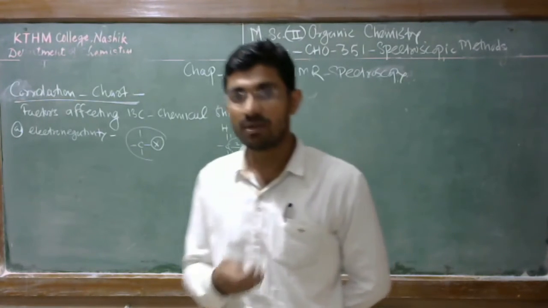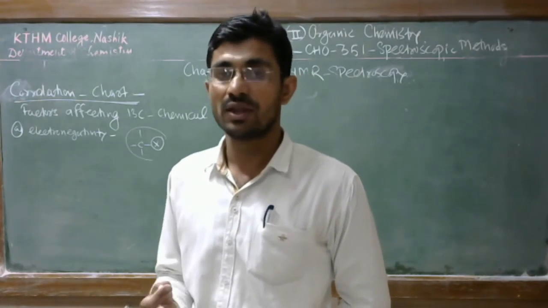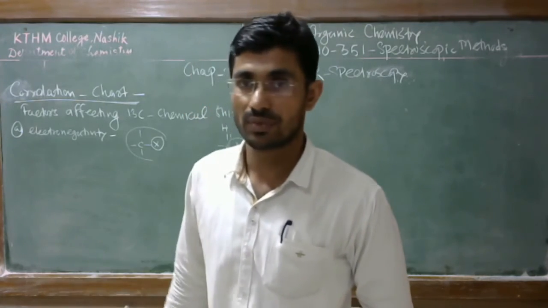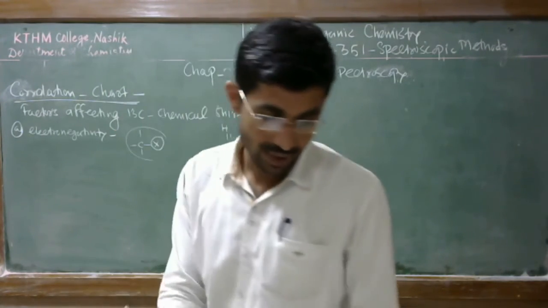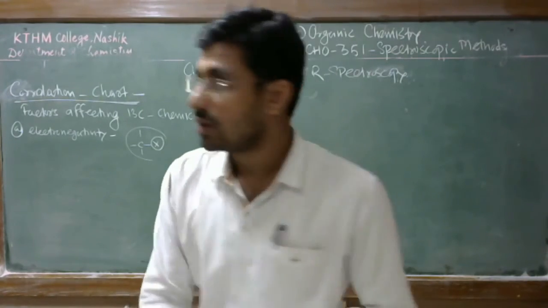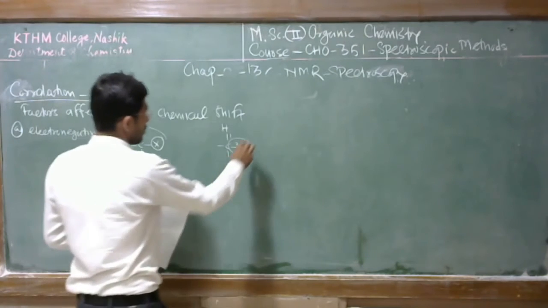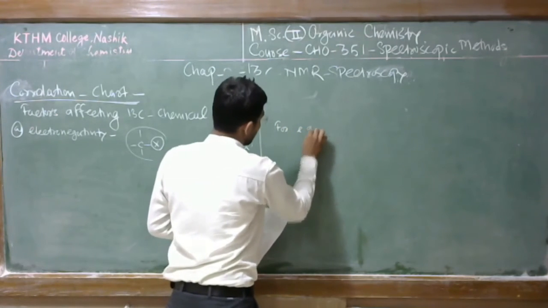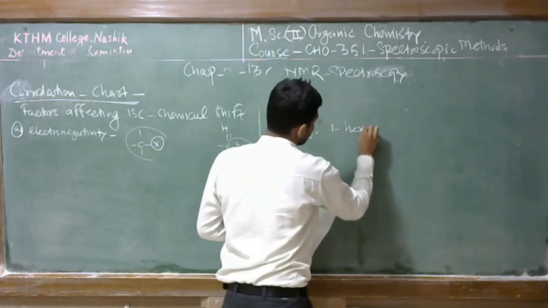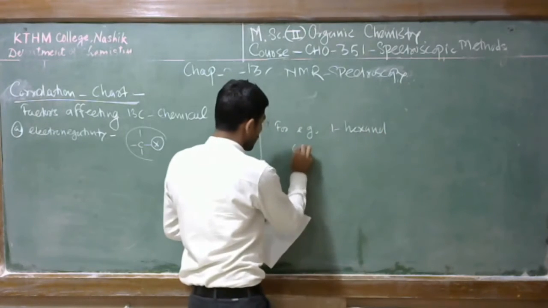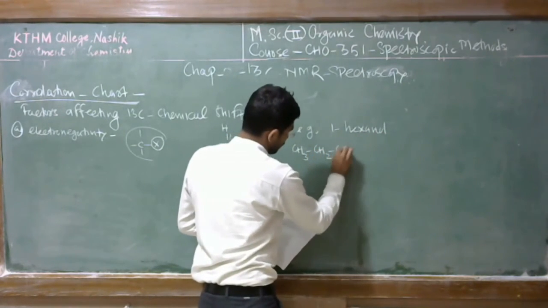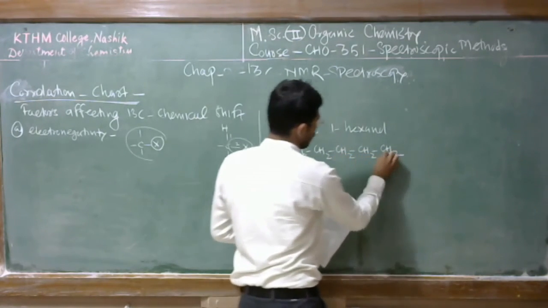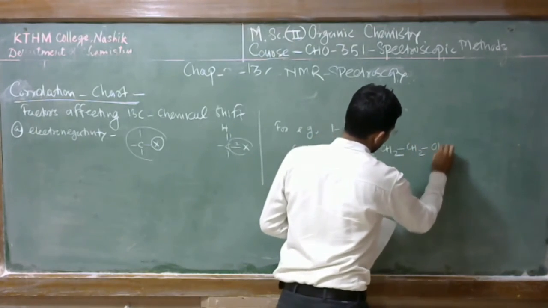In 1H NMR, this electronegativity effect decreases with distance, meaning it diminishes with distance. But in 13C NMR, for example, consider 1-hexanol.